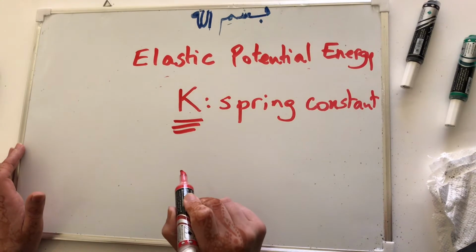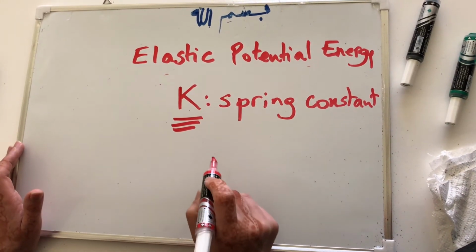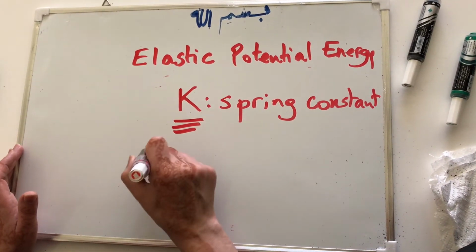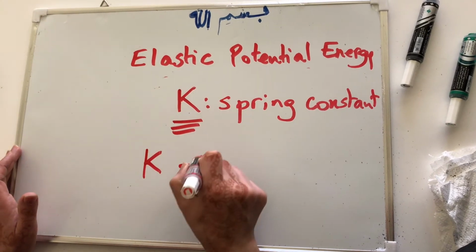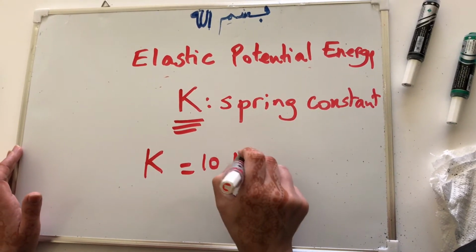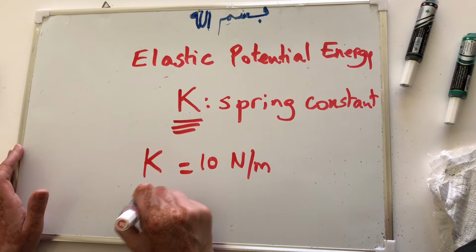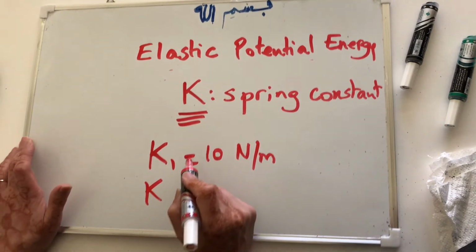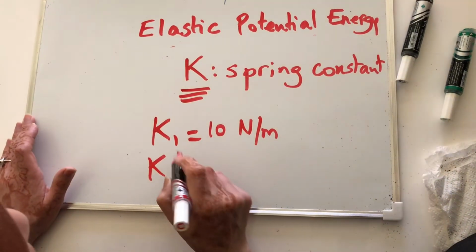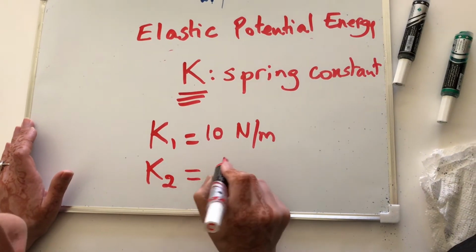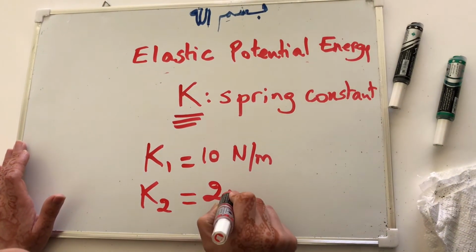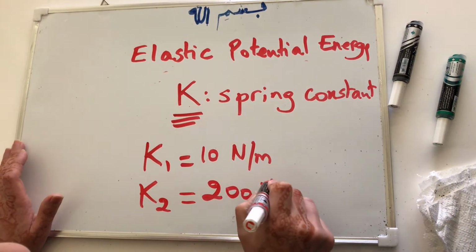That is its identity. So let's say one spring has a spring constant of 10 Newton per meter, and another one has a spring constant of 200 Newton per meter.